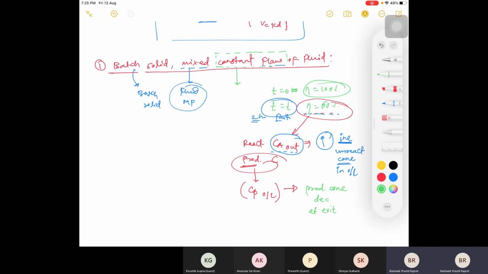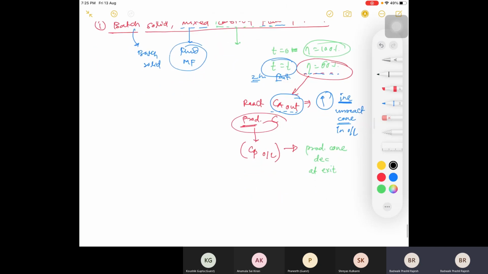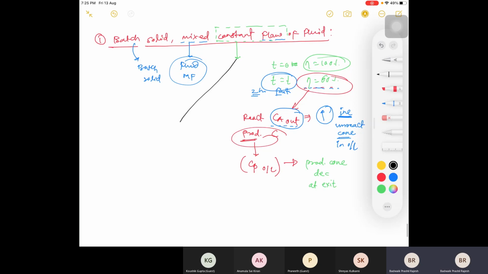In a generalized way, my flow is constant, that means efficiency has decreased and stays as it is. I'm not doing anything there. So my concentration of reactant is changing at exit.